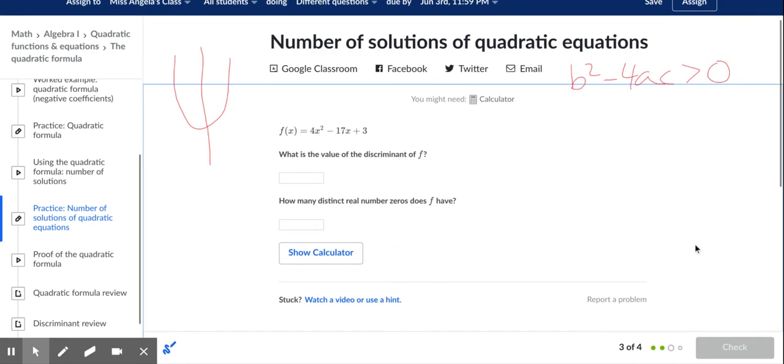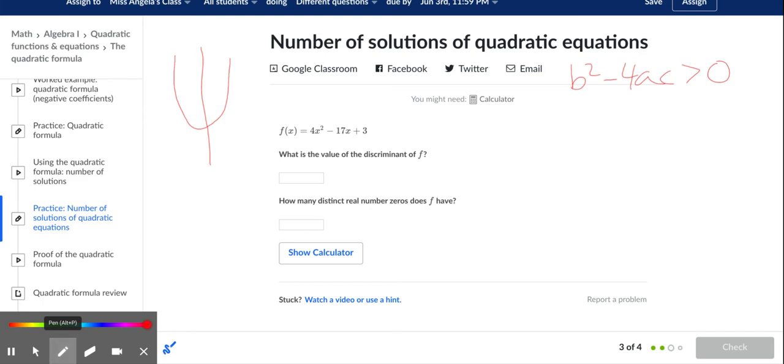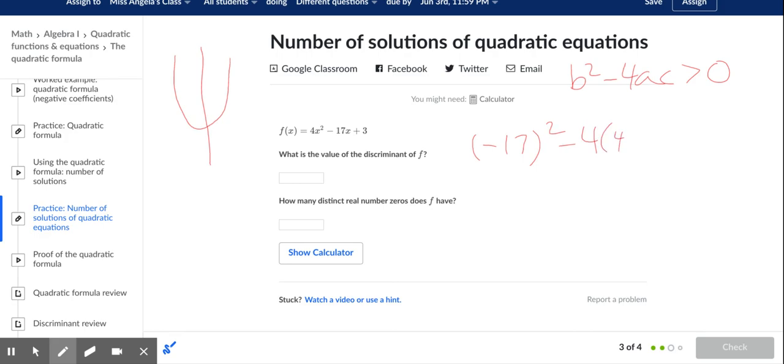Let's do another one of these. So again, negative 17 is b, so negative 17 squared minus 4 times a is 4 and c is 3. Negative 17 squared is positive 289 minus 4 times 4 is 16 times 3 is 48.